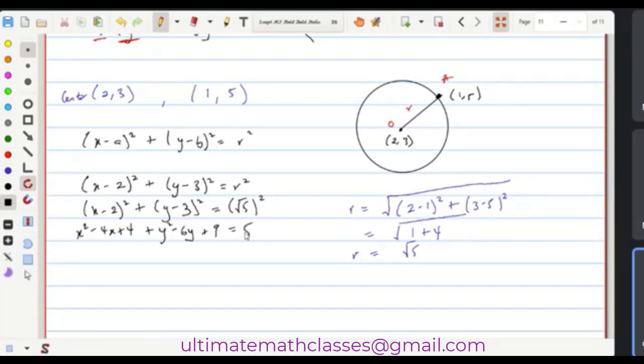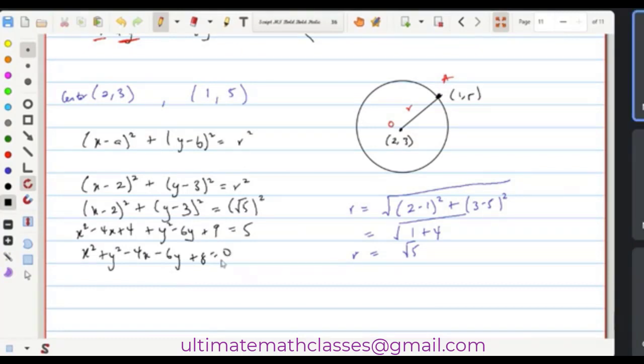Okay, so let's do one more. Okay, what's the final, so you get x squared plus y squared minus 4x minus 6y plus 8 is equal to 0.